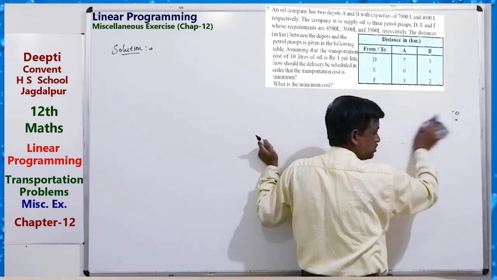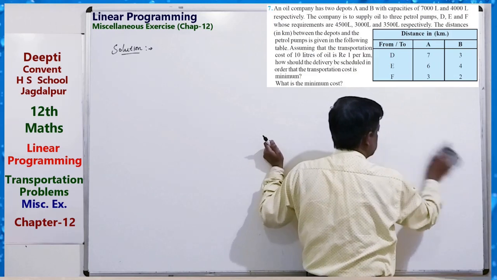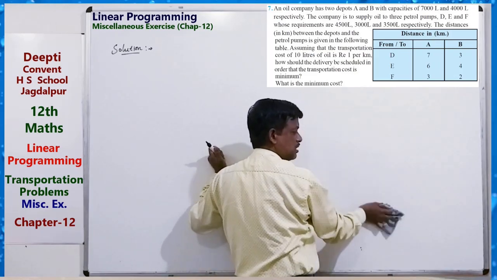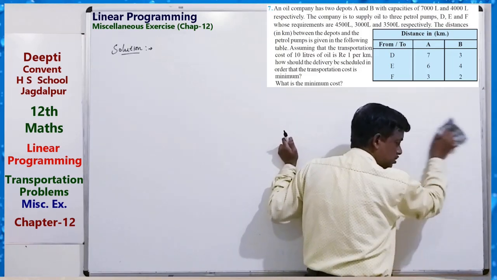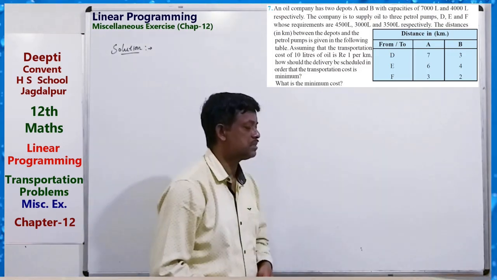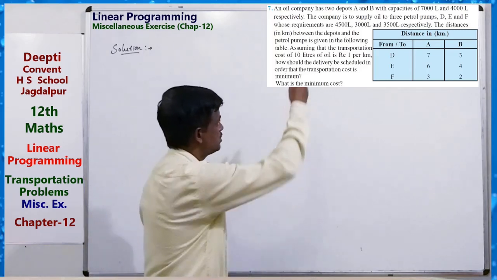The company is to supply to 3 petrol pumps D, E, F whose requirements are 4,500, 3,000 and 3,500 liters respectively. The distance in kilometers between depots and petrol pumps is given in the table.